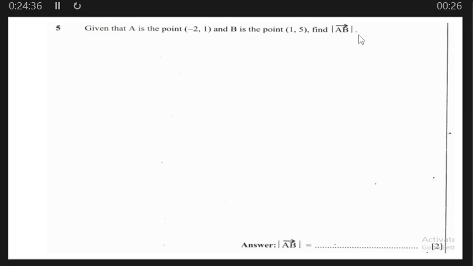So if they put an expression like this in these modulus bars here, and then a line there, they're saying we find the vector of the line AB, the magnitude of the vector line AB, which is made by these 2 points. So magnitude is size.